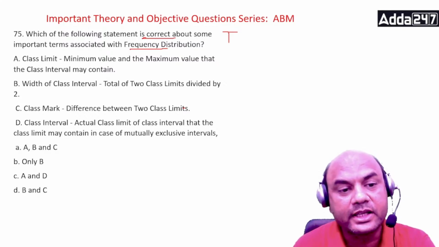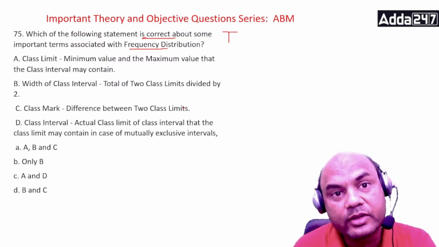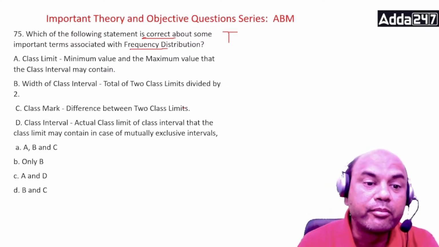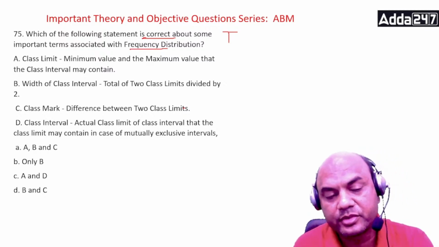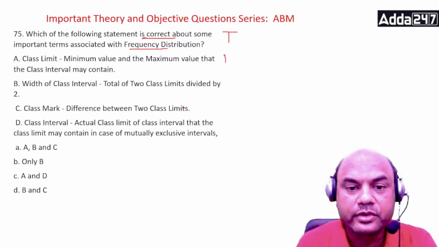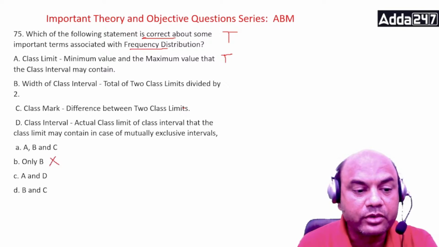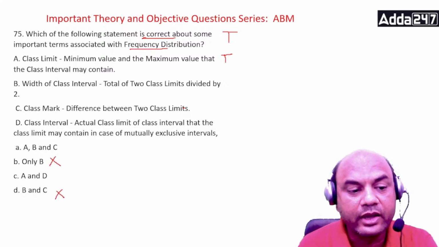Class limit means the same: minimum and maximum value that a class interval may contain. Got it? So A is true. Now what can be the answers? A, B, C; only B is out. So now the answer is only A or C.